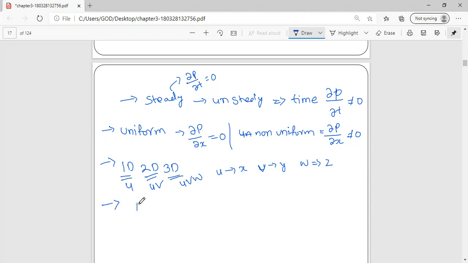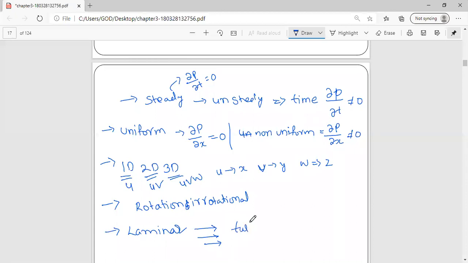Now next flow, rotational and irrotational. Just now we discussed with reference to mass center, it has to rotate. Without the mass center, somewhere about your flow, it has to rotate. Next flow, laminar flow and turbulent flow we discussed. Laminar flow means your fluid particles must be parallel to each other.